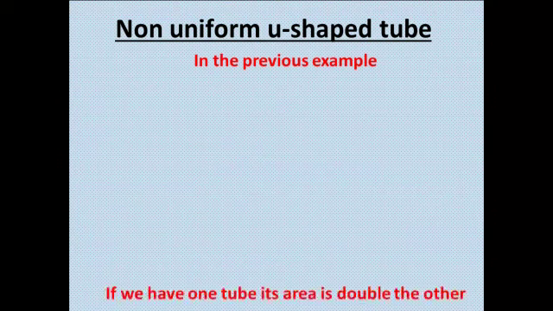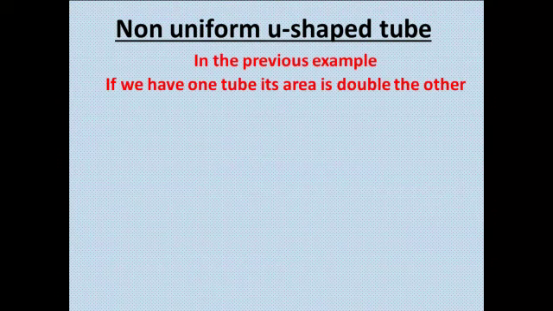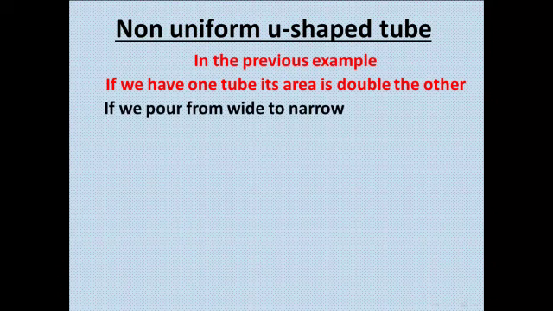I want to answer this problem but with some change. Number one, I will use a non-uniform U-shaped tube, where one tube has an area double the other. So one of them is A and the other is 2A. We have two cases.